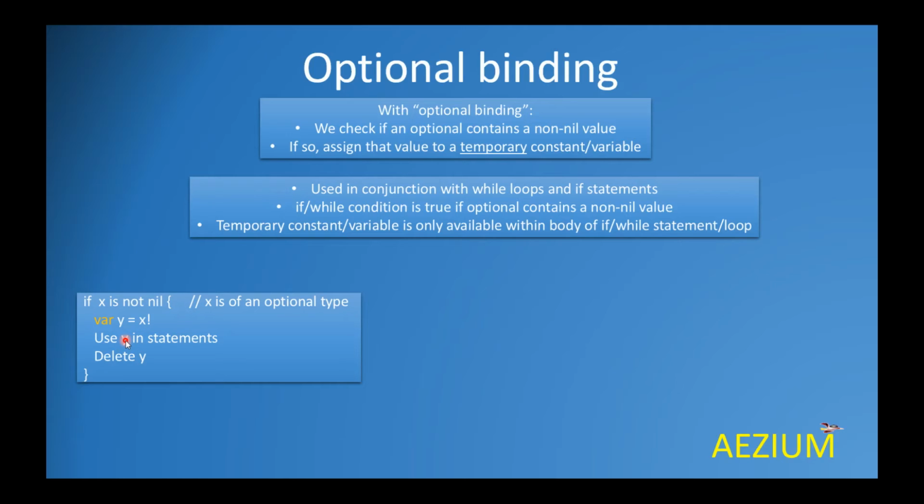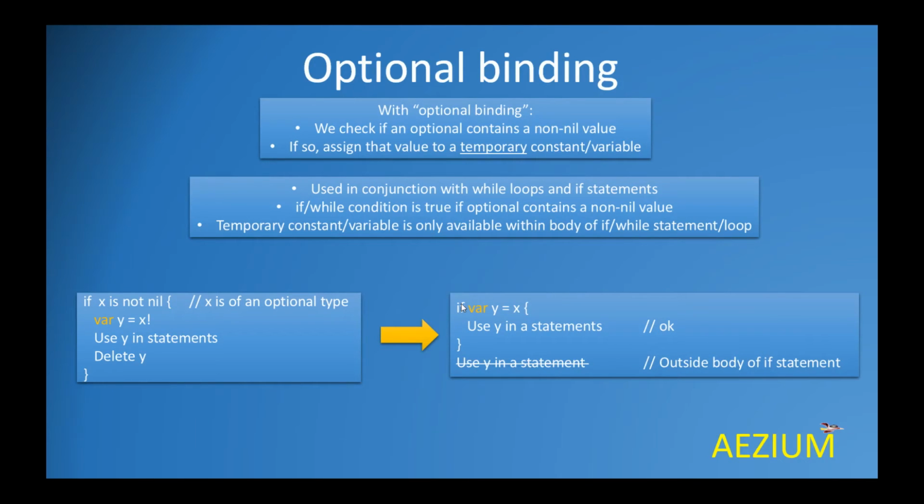Then we use this value of y within the body of the if statement or the while loop. Once we are done with it, we delete the value of y as if it doesn't exist, and then get out of the body of the if statement. This is effectively what is done in optional binding.